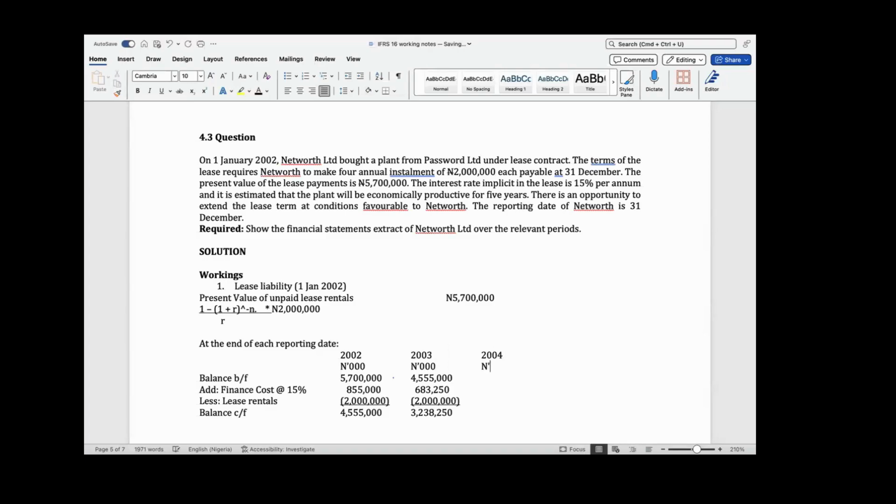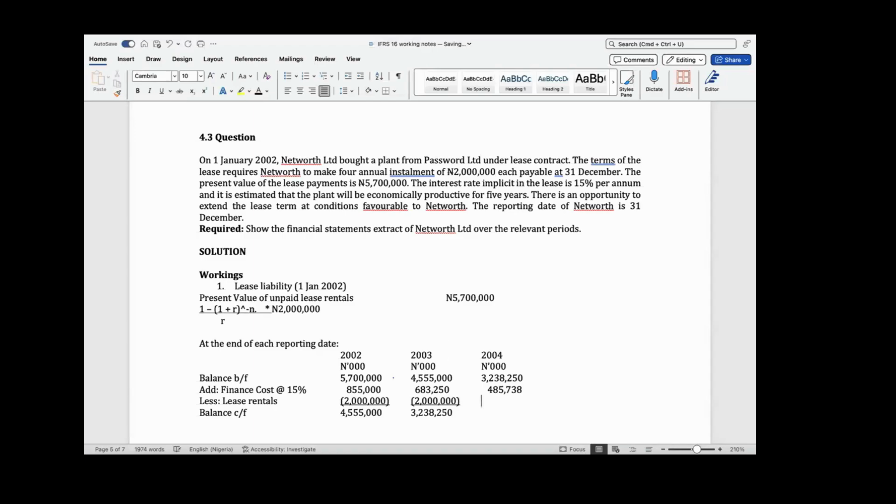2004, we have 3,238,250. What's the finance cost? 15% of 3,238,250. 485,737.5. You can just approximate it.